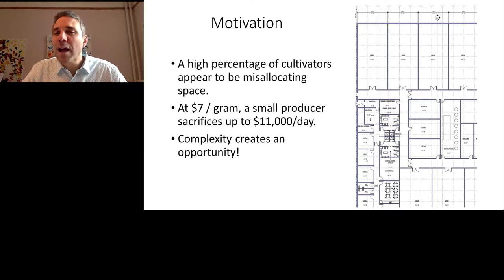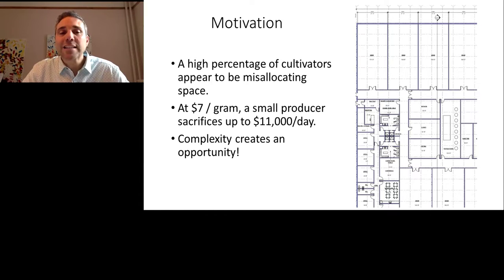And just to give you some context about how important this is, given a price of $7 a gram, which is about the average price in Canada right now, when a grower doesn't optimize space, they can lose up to $11,000 a day, and that's an estimate for a small grower. So this is potentially a really big problem or a really big opportunity, depending on the way you look at it.